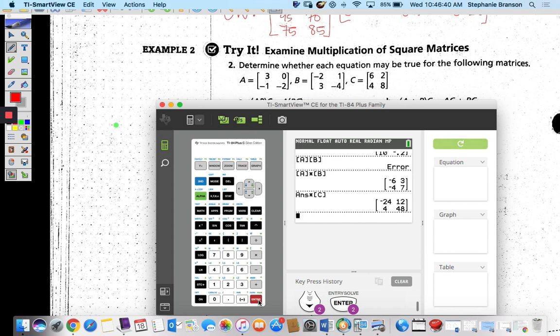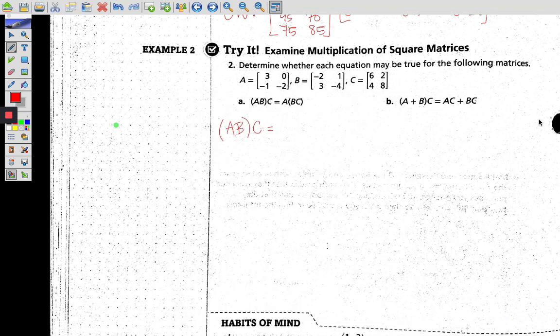And this is what you should get: negative 24, 12, 4, and 48.